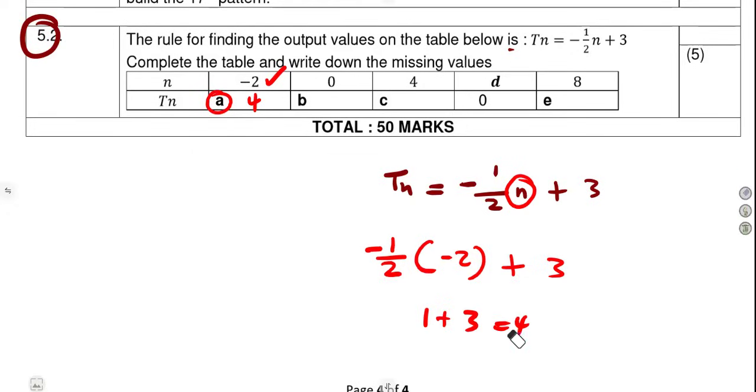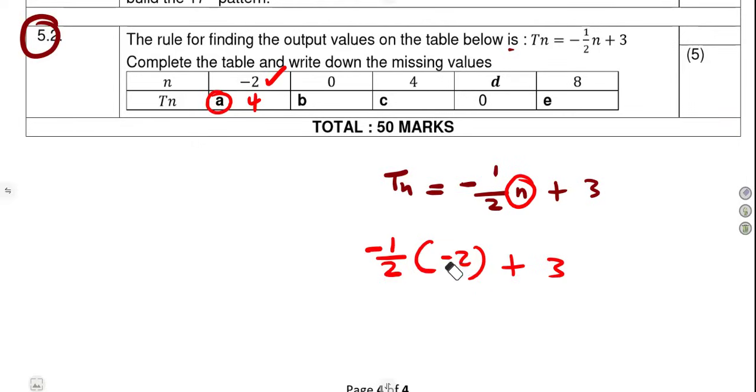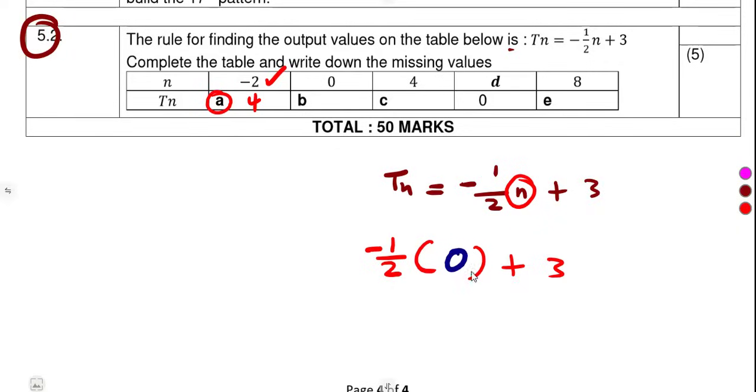The same thing, guys, if you move on to the other part, what are we given? Our n this time is 0. In place of n there, you put a 0 this time. So you use your calculator again. Minus half times 0, that's a 0, plus 3. 0 plus 3, that's a 3. So B is equal to 3. The same thing for this C that we are given there.